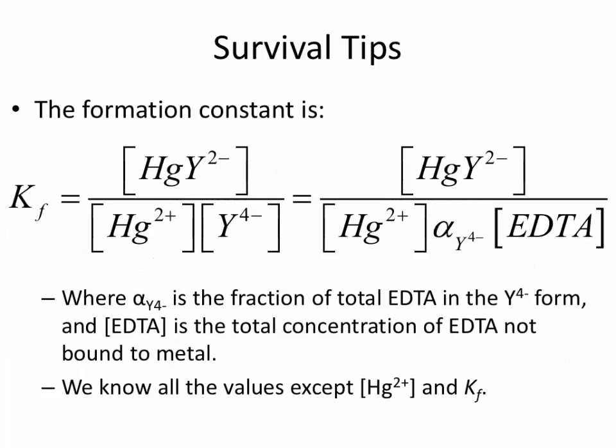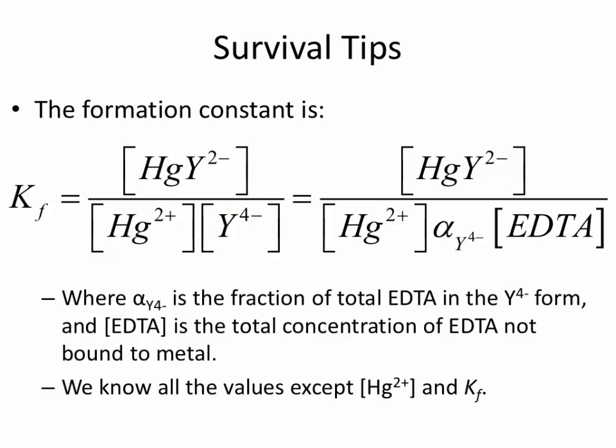Now the formation constant Kf is equal to the mercury EDTA complex concentration divided by the mercury 2 concentration times the EDTA concentration. And this concentration here is the fully deprotonated form of our EDTA, our uncomplexed form.